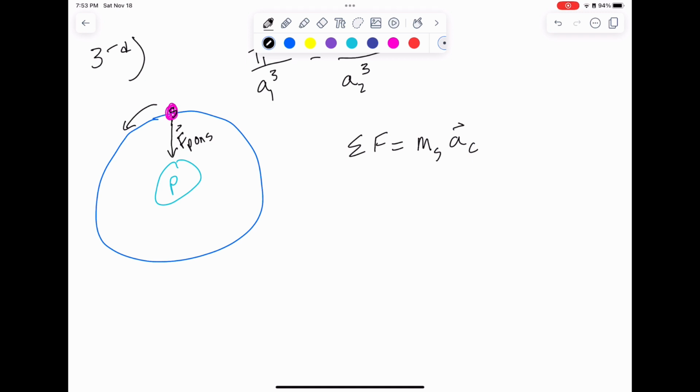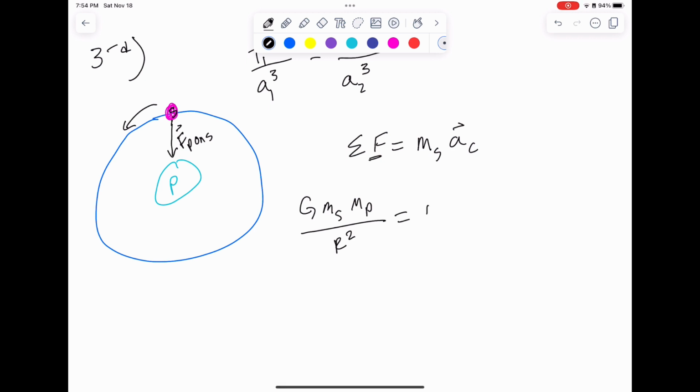Now we have to define the force acting on our satellite. Because the planet is the only force acting on our satellite, we can use the force of gravity. So we could say capital G times the mass of the satellite times the mass of the planet over r squared. This is the distance from the center of the planet to the satellite.